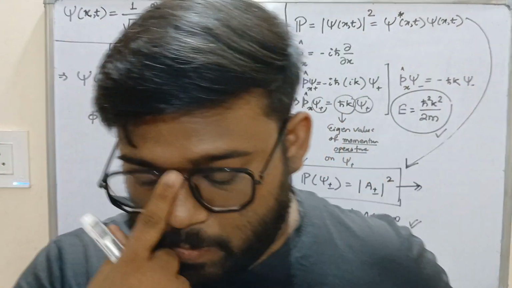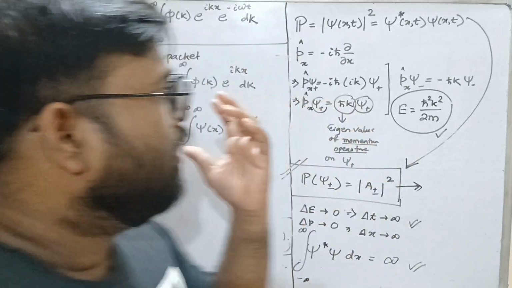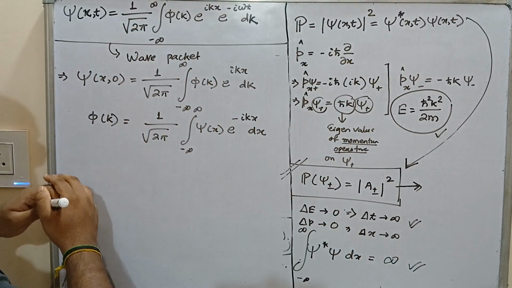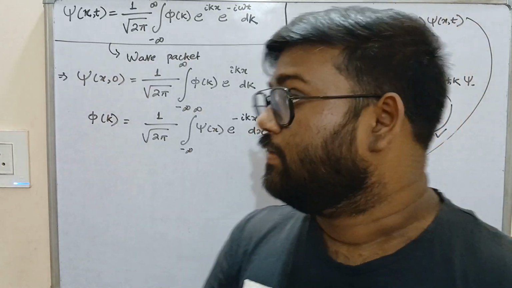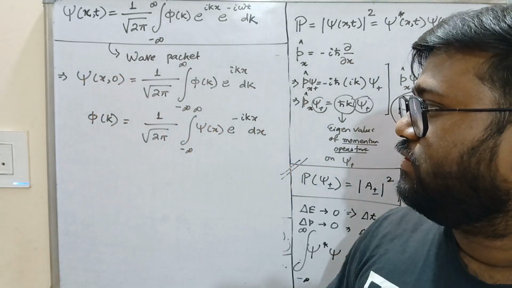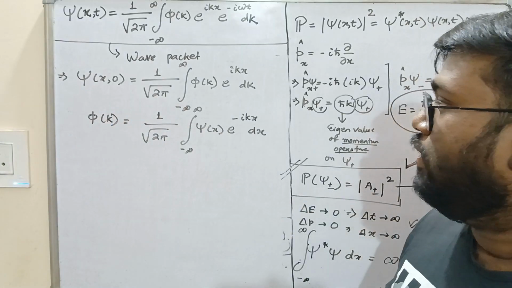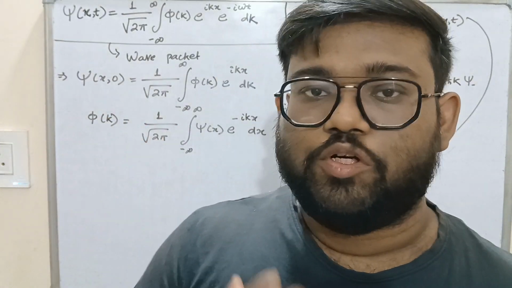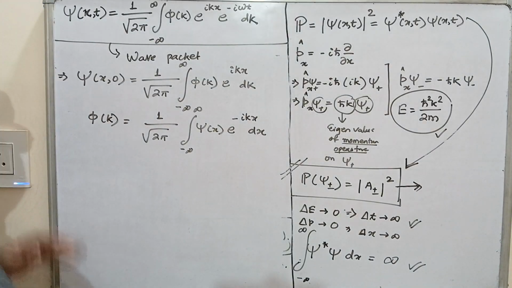Now this is how we transform a wave function. Look, this is a function where psi is defined in x, and this is a function where phi is defined in k. This is the Fourier transform of one function into another. Now look at this formula.